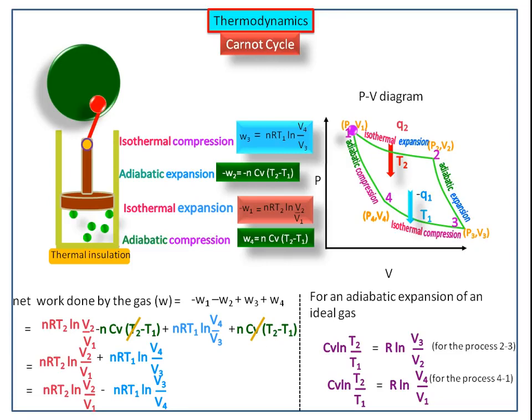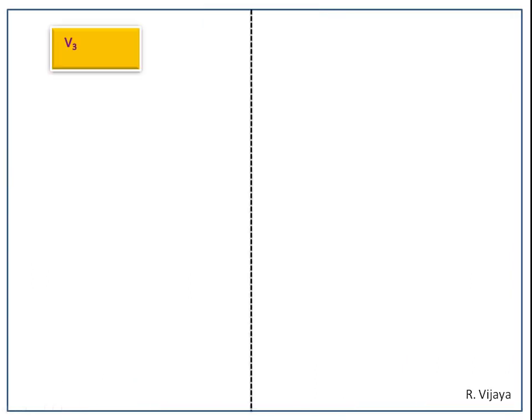Here the left hand sides are equal, so we equate the right hand sides. We get R ln V3 by V2 equal to R ln V4 by V1. We cancel R ln on both sides. We get V3 by V2 equal to V4 by V1. Interchanging V4 and V2, we get V3 by V4 equal to V2 by V1.